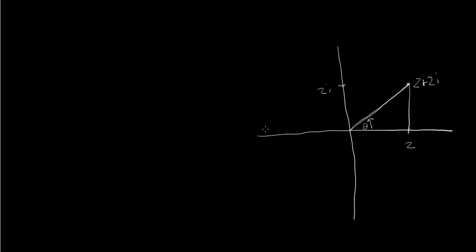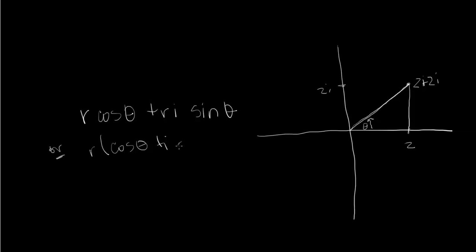And the trig form of a complex number is written like this: r cosine theta plus r i sine theta, or we can write that, factor out the r, and we get r times cosine theta plus i sine theta.